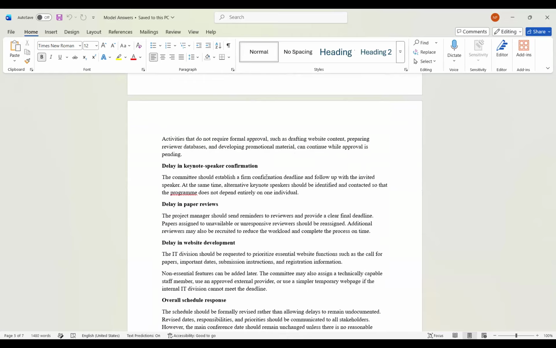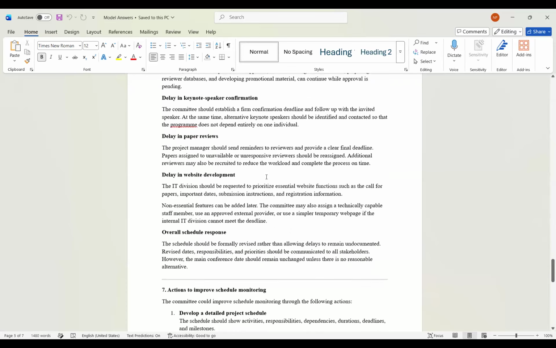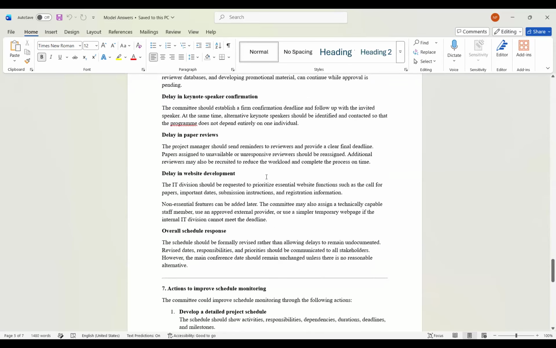At the same time, if you have alternative keynote speakers, you should identify and contact them, to make sure that it does not entirely depend on one person. And if there are delays in paper reviews, you can send reminders to the reviewers and provide a clear deadline for them to complete their reviews.